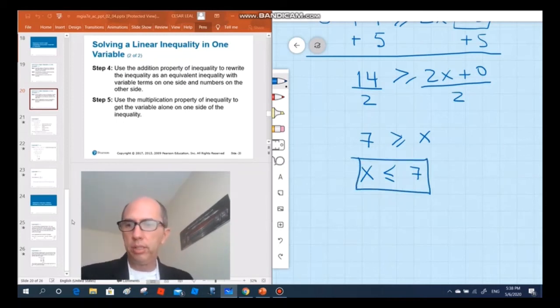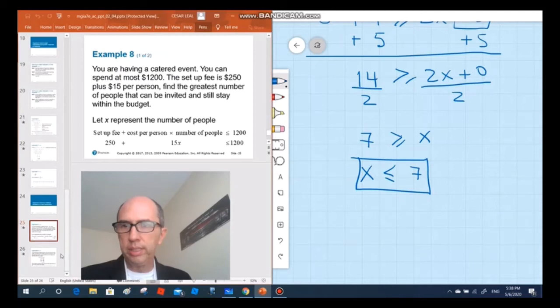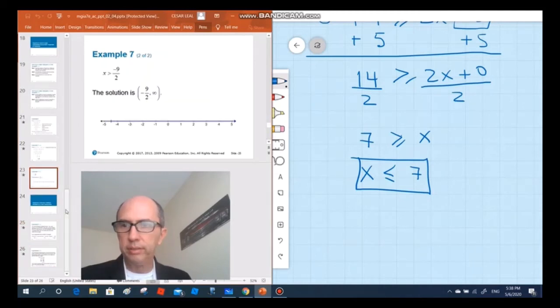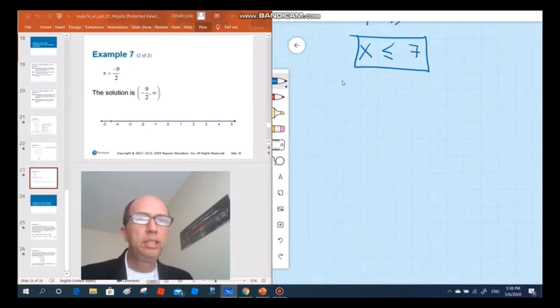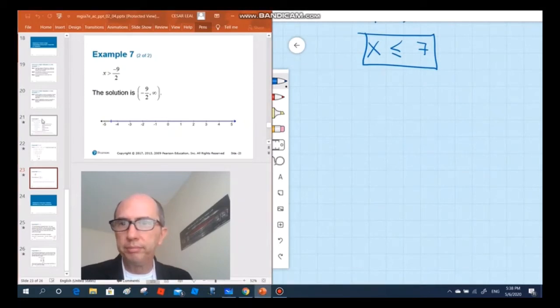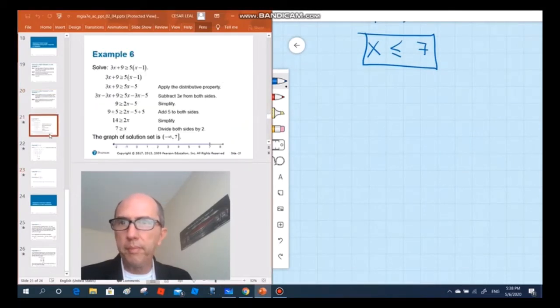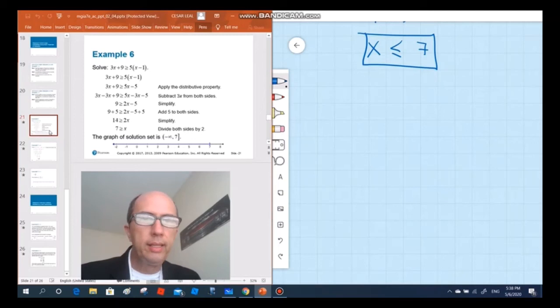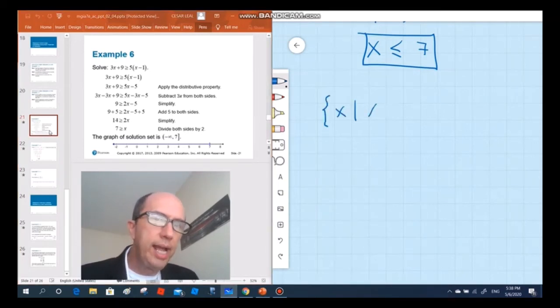Write down the solution using the proper notation. The set notation, x such that x is less or equal than 7.